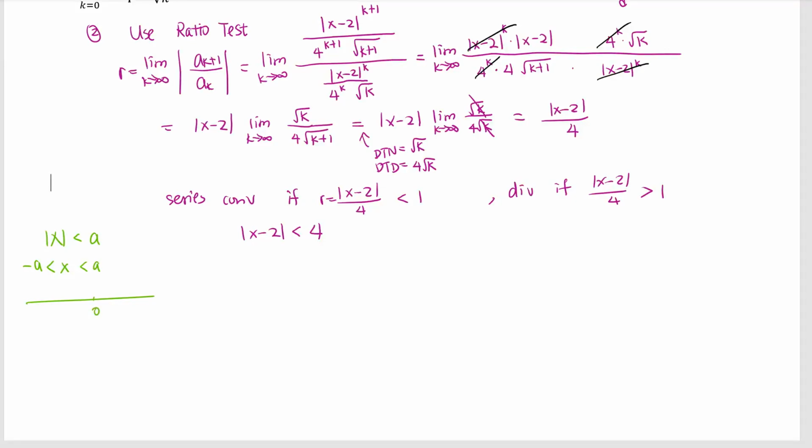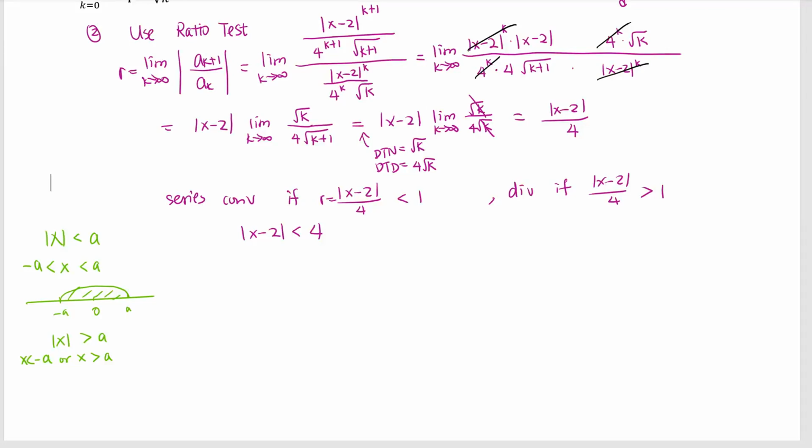The absolute value of x is the distance from x to the origin 0. If the distance is small, then x lies within the interval. How about if the distance is big? Then x is outside of it, so x greater than a or x less than minus a. Keep this in mind.